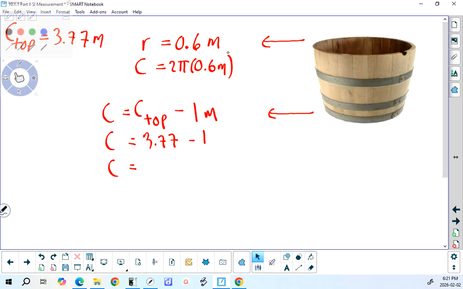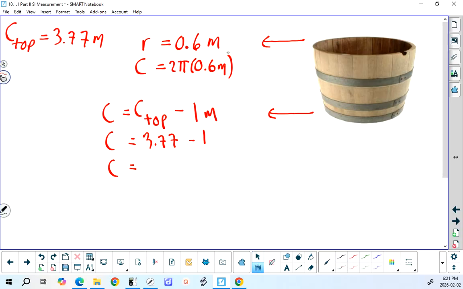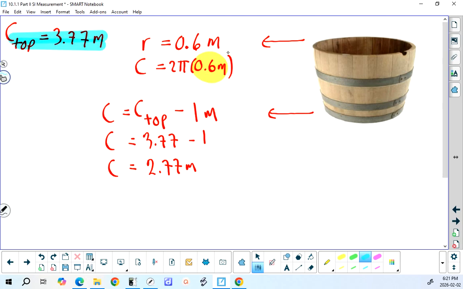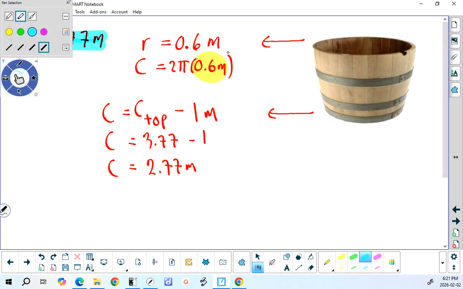If you feel the need to use a calculator because you're unsure at times, that's fine. So what have we done here? We've used the radius that was given to us for the top. We've used that to calculate the circumference of the top. We've used the circumference of the top to find the circumference of the bottom, and we were asked for, I think, the diameter of the bottom.